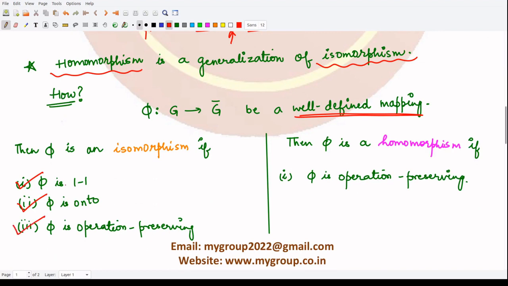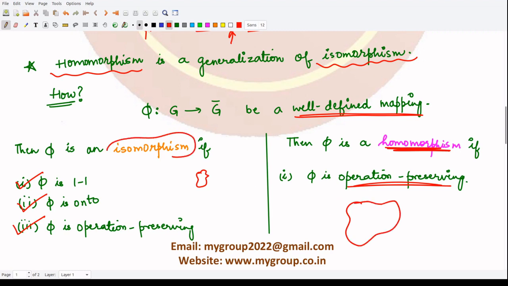So we have three conditions applied onto phi, and the isomorphism consists of a smaller set of mappings than homomorphism, which has only one condition. More restrictions make it smaller and only one condition makes it bigger. So isomorphism is a particular case of homomorphism, or the opposite, homomorphism is a generalization of isomorphism.